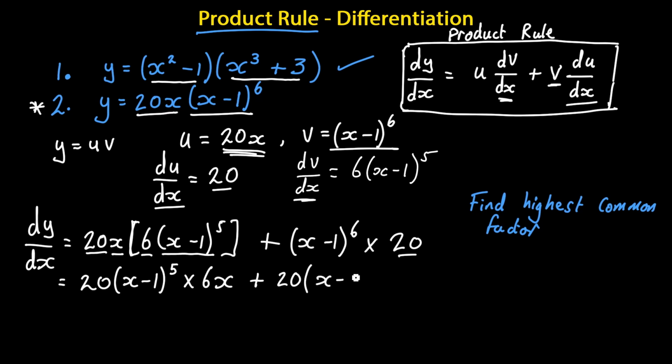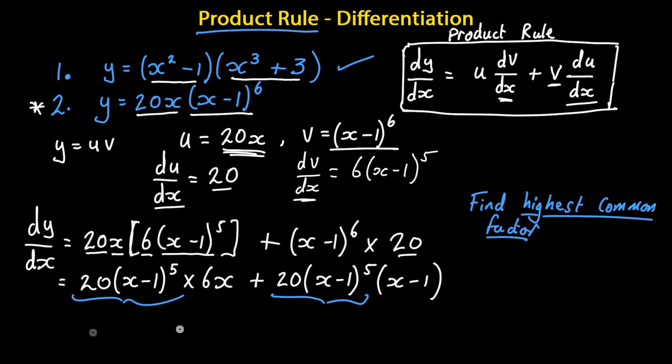I'm going to remove one of the powers of x minus 1, leaving us with (x minus 1) to the power of 5, and I'm going to multiply that by 20. And what we're doing here is trying to isolate a common factor, which in this case is 20 multiplied by (x minus 1) to the power of 5.